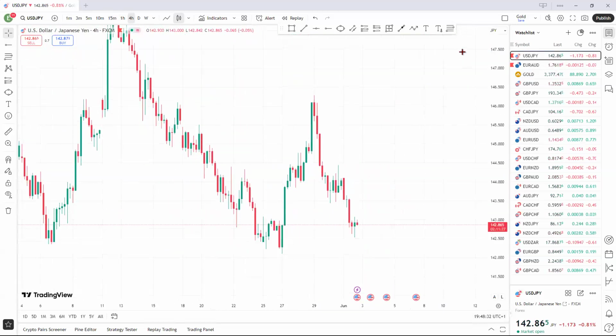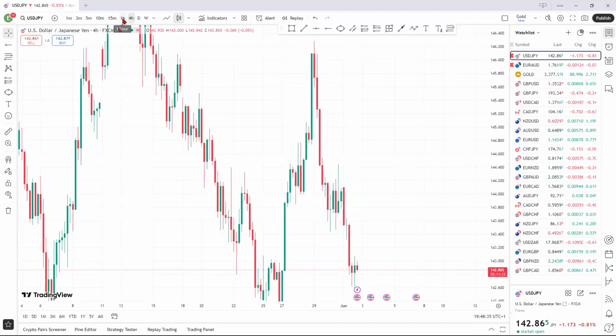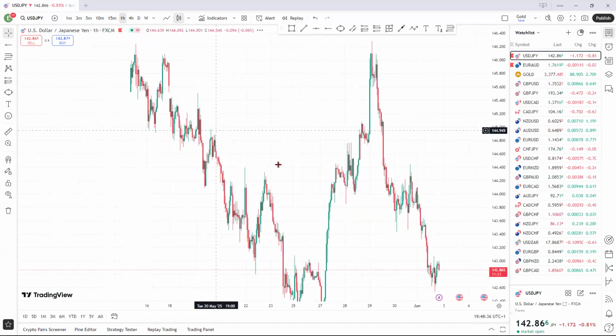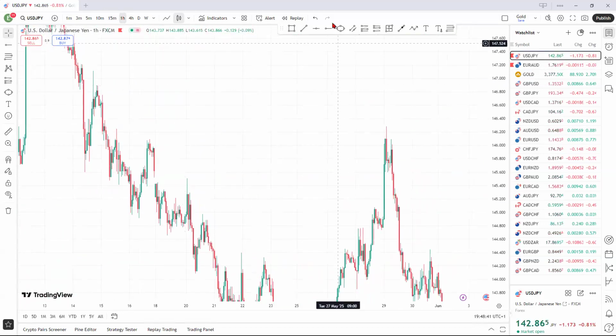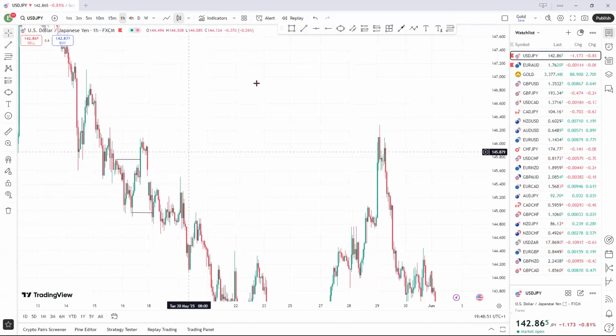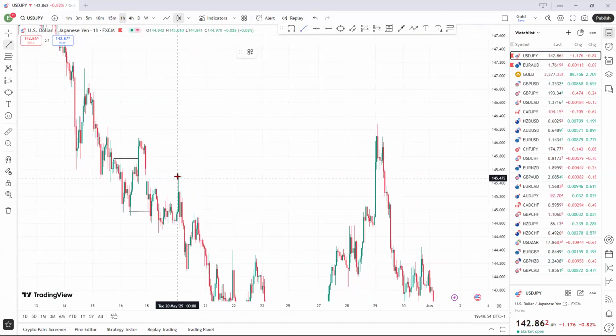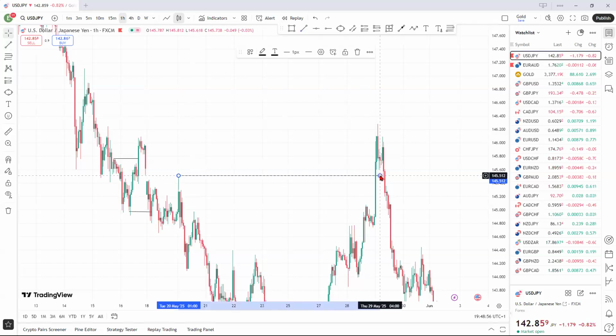And if you can see where it reacted from, it's the same principle. It works a lot of the time. You can see there's a sweep of liquidity here. There's a break of structure to the downside here. There's a retracement that gave us our structural liquidity. This is structural liquidity.